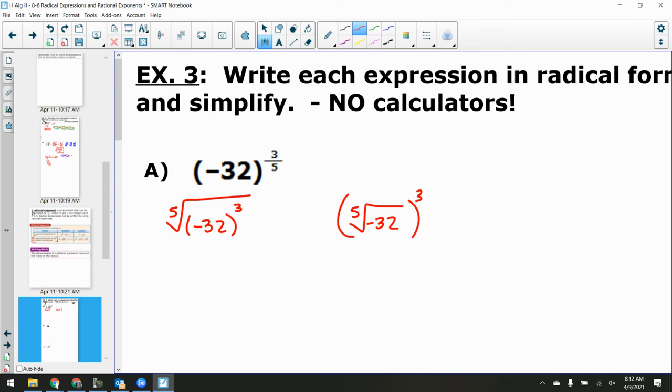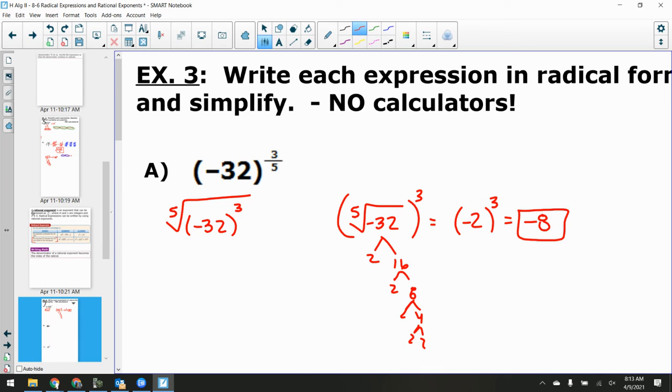You guys going to try to do 32 to the 3rd power without a calculator? Not me. No, thank you. But can I take the 5th root of -32 without a calculator? Yes, I can. You can. Because it's all 2's: 2 and 16, 2 and 8, 2 and 4, 2 and 2, 5 sets of 2's. So this is really -2 to the 3rd power, or -8.